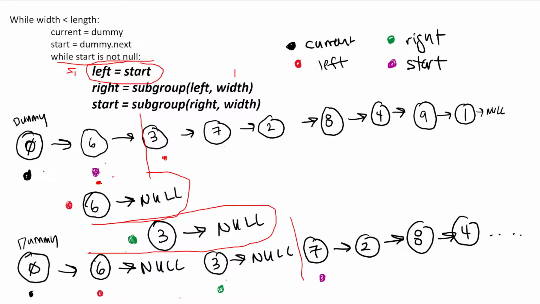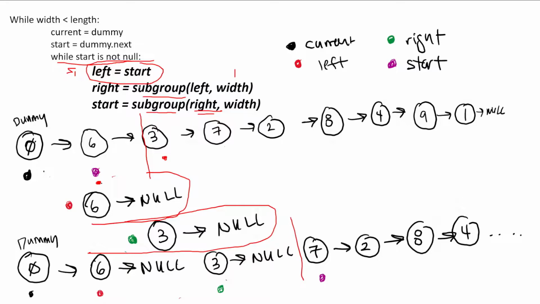So that's where the first subsection should start the splitting and merging. We call this function. Now we're able to split the first subsection from the list. We call the second subgroup function. We're able to split the second subsection from the list.